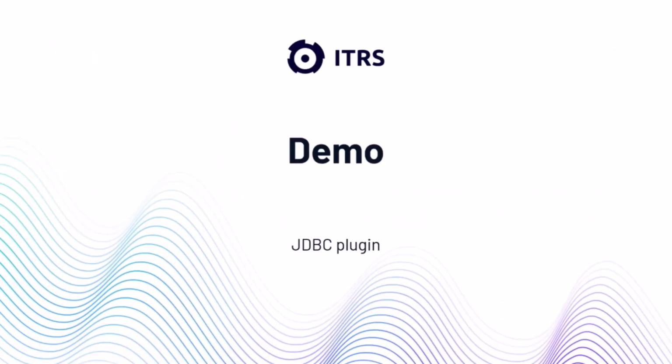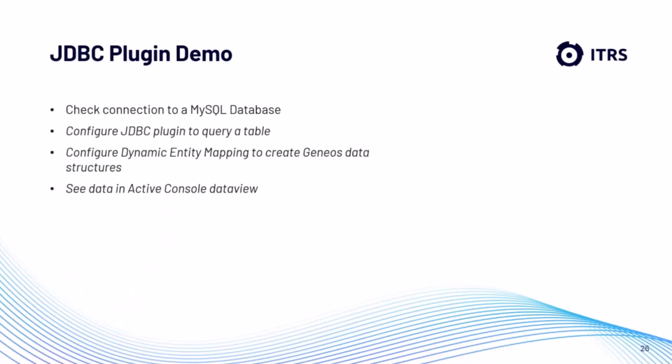Now, a quick demo of the JDBC plugin. I have a MySQL database running in Azure Cloud. So we'll connect to that database to query a couple of tables. I'll walk through how you configure the plugin, then set up the mappings needed to create the Geneos data structures, like entities and data views.